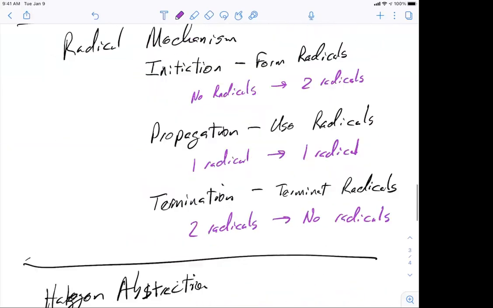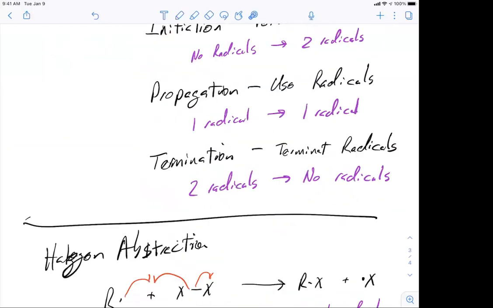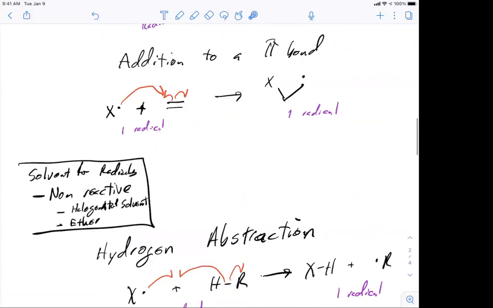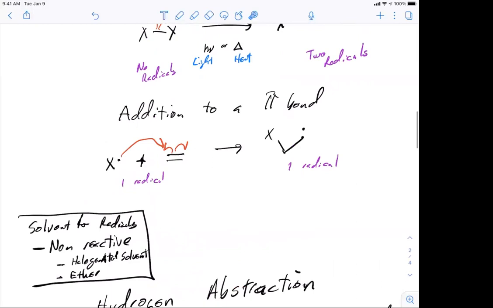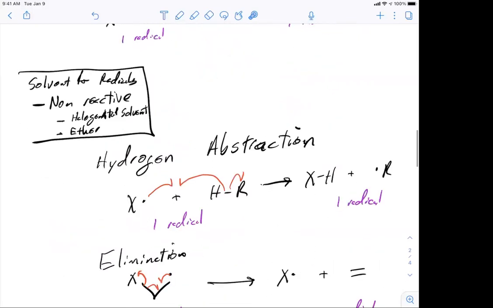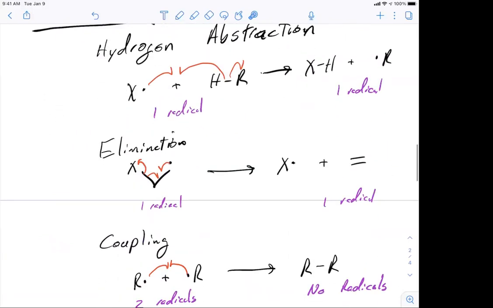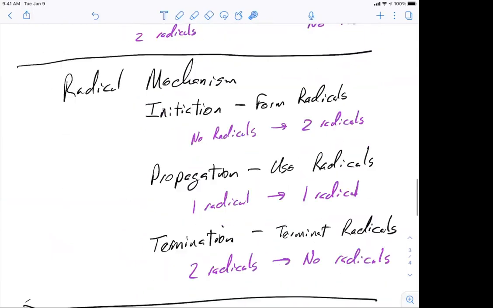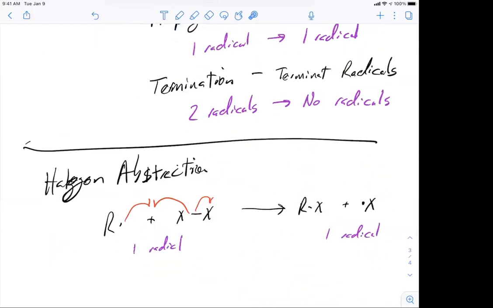Then if we look at our propagation, which is 1 radical to 1 radical, addition to a pi bond, right, could be a propagation step. Hydrogen abstraction could be a propagation step. Elimination could be a propagation step. And the halogen abstraction could be a propagation step.